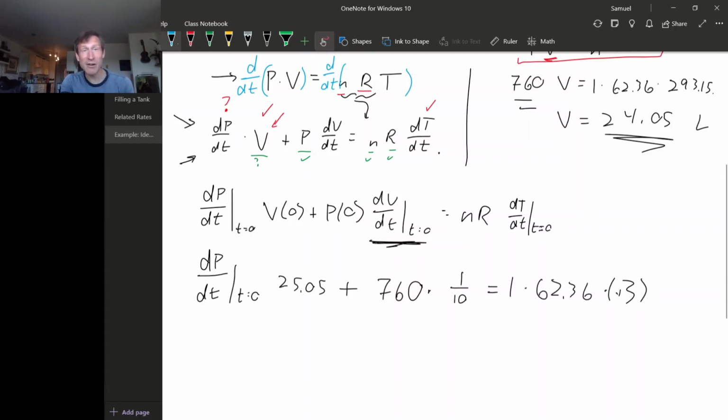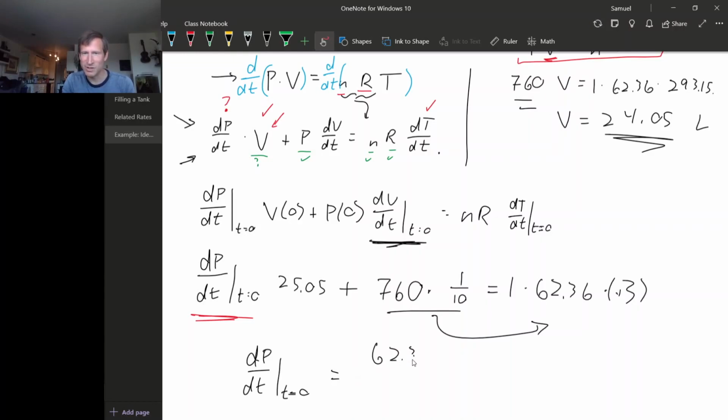All right, you can see now that the only thing unknown in this equation is this rate of change that we're looking for. So we can just subtract this stuff to get it to the other side and then divide by 25.05. So dP/dt at our moment in time is 62.36 times 3 minus 76 over 25.05.